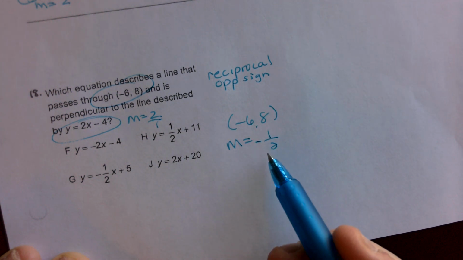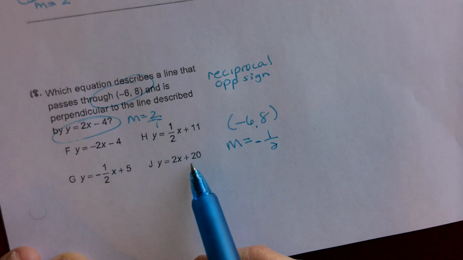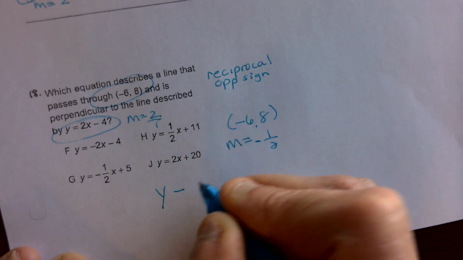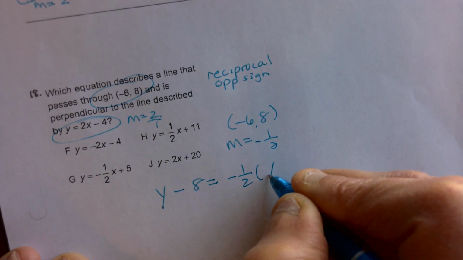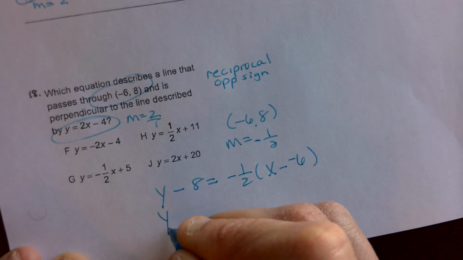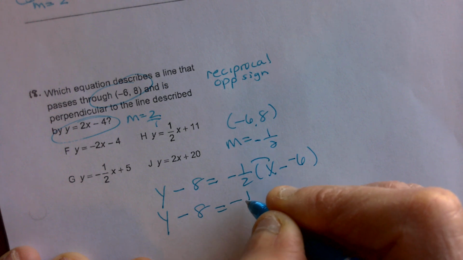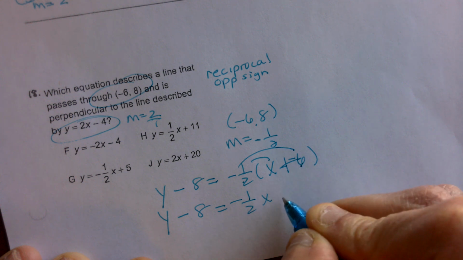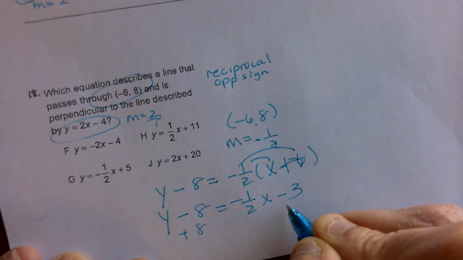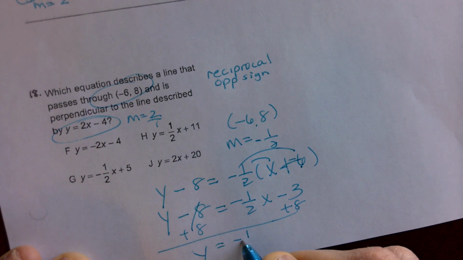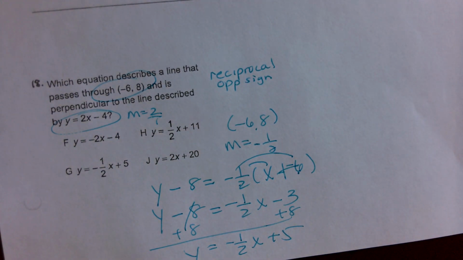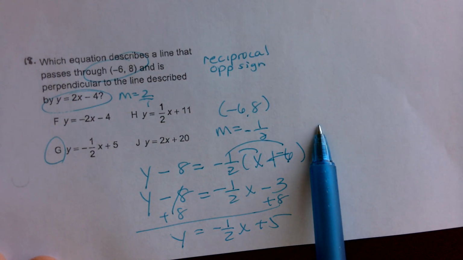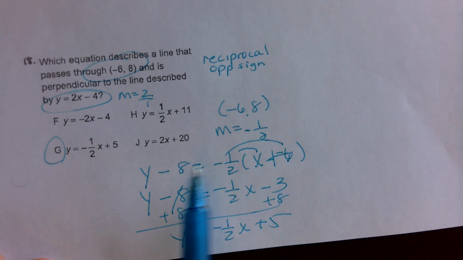Now I've got those two, and we can use point slope form and then solve it. Distribute. And a negative half times 6 is a negative 3. And hopefully we got that answer. We do. It's right here. It's G.